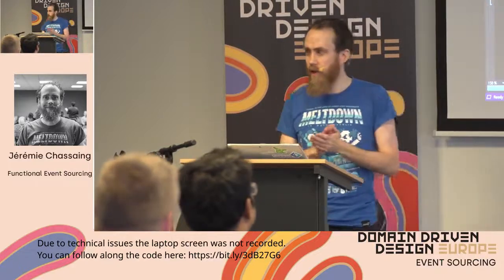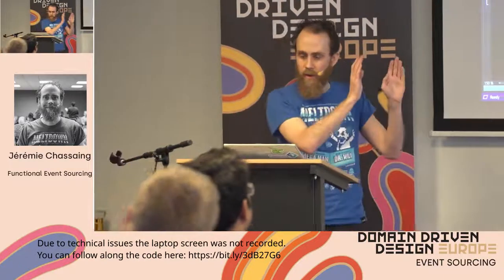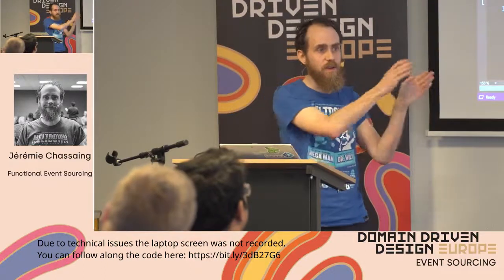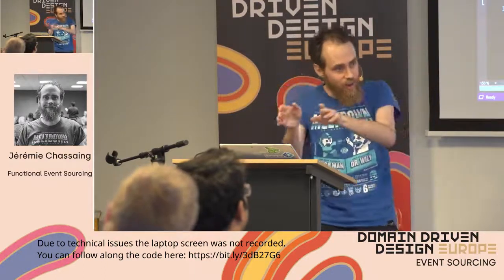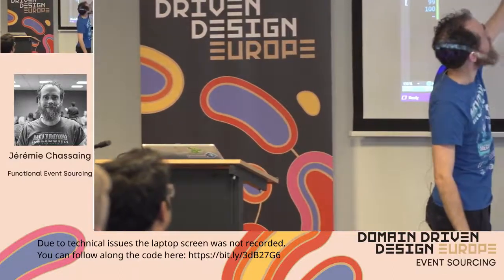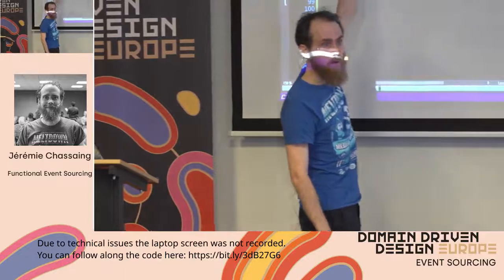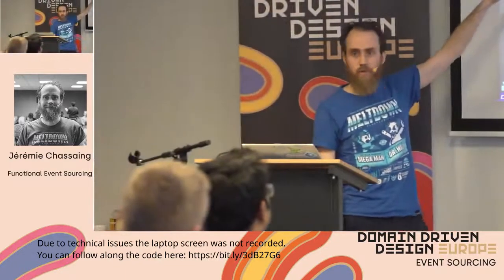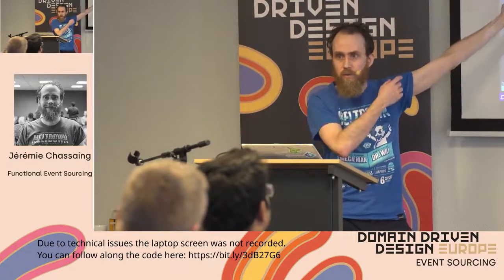If you have those two functions with the signature command, state, events and event, state, state, you can just put them here and here, put your initial state, and just run the exact same code for your domain.